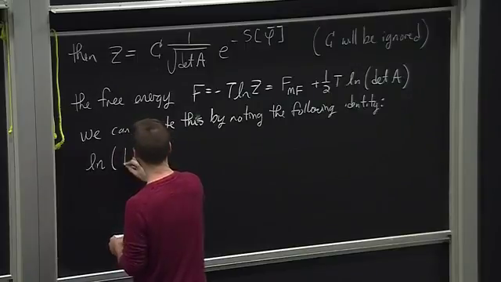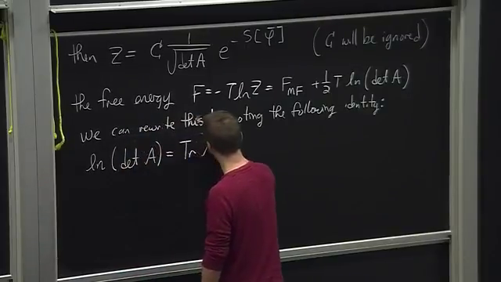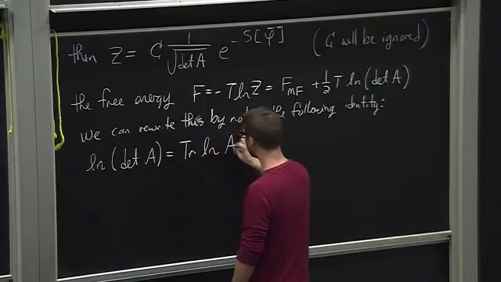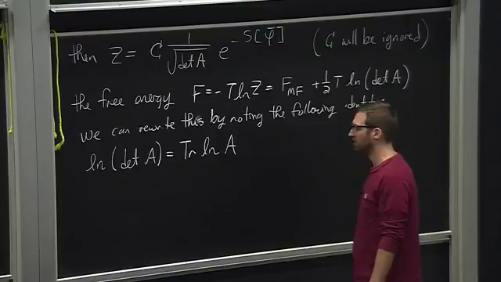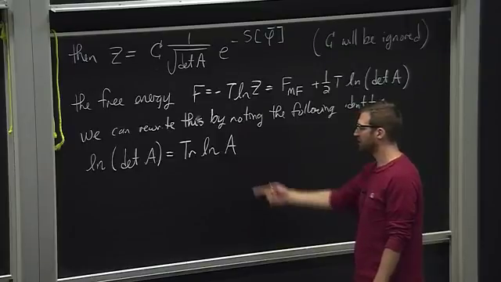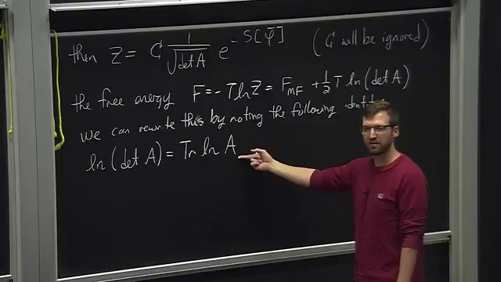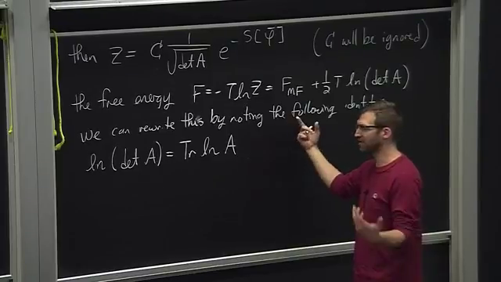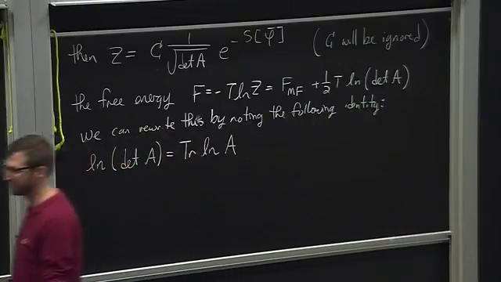So log determinant of a matrix is going to be trace of log of the matrix. Has anyone seen that before? Is that fairly standard? Do you need me to prove that? I don't know where I saw it. I can sketch out a quick proof.